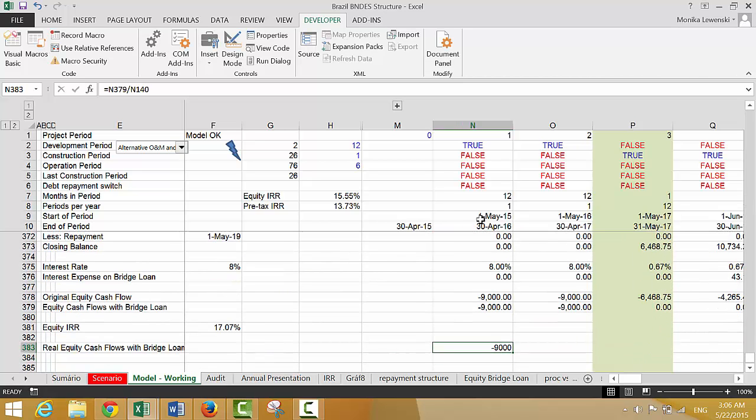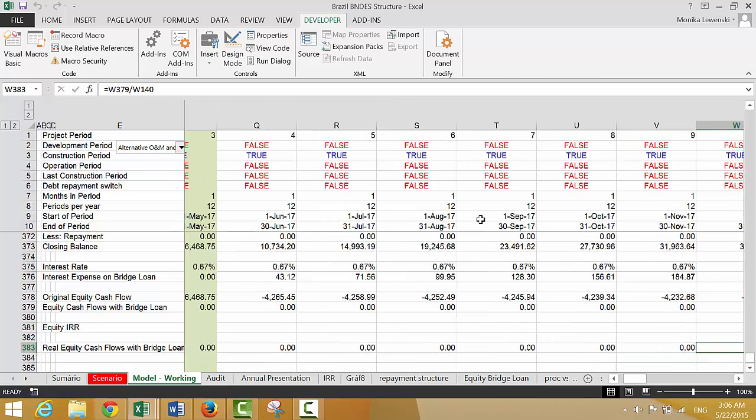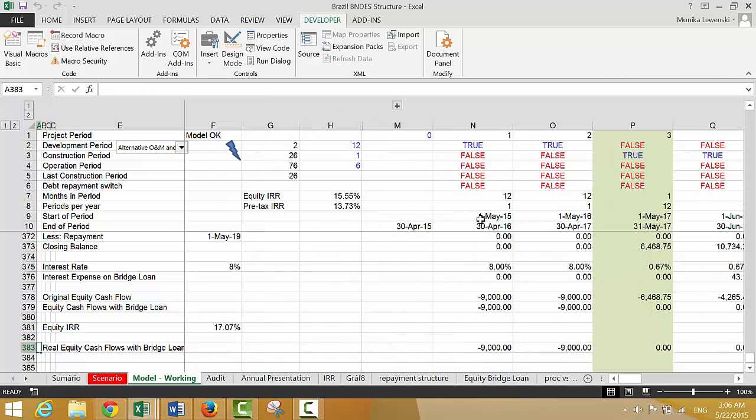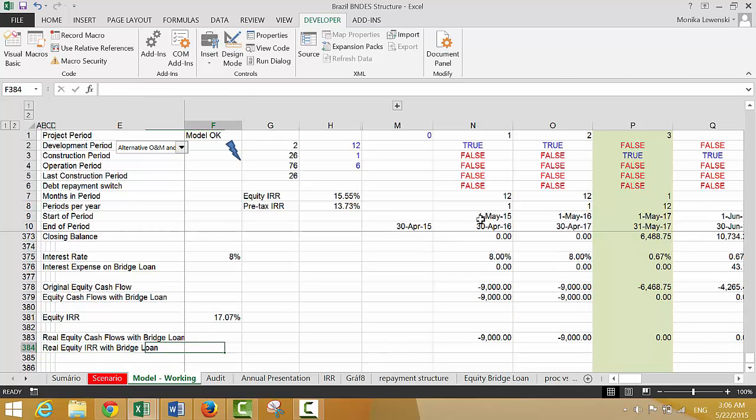Okay, but it's not that bad. Now the other thing we have to think about is then let's put real equity IRR with bridge loan. Okay, and we can put equal IRR.